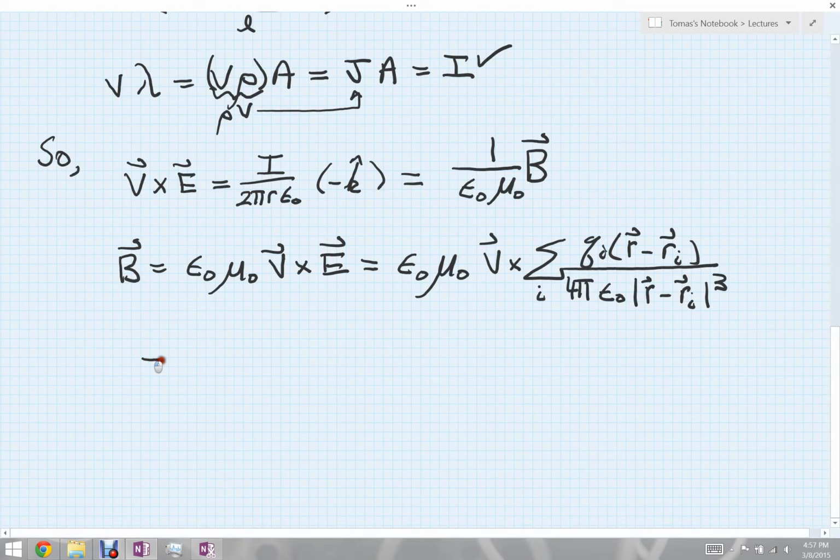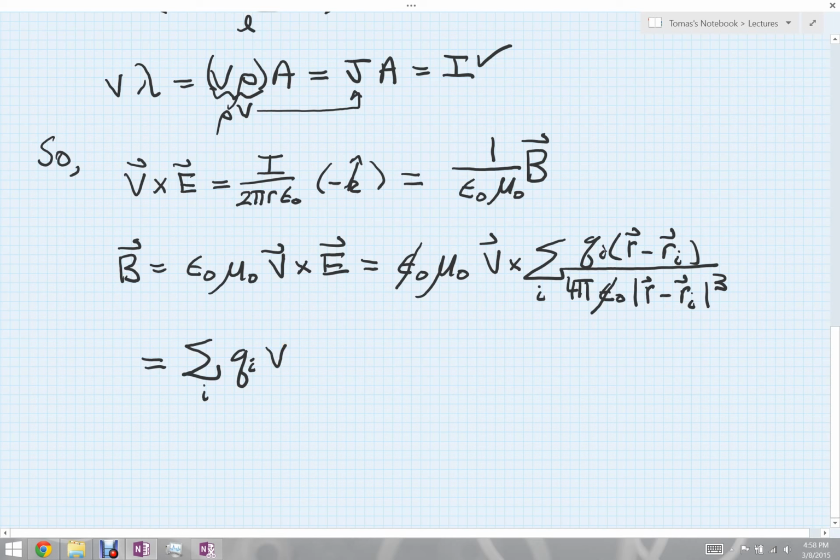So let's continue to get it into this general form. So this would equal, well, a few things I can see I can do immediately. The epsilon naughts cancel out, which is nice because then my formula for the magnetic field only involves this magnetic constant mu. Now remember, the general form I was expecting was going to be a sum over i of Qi, each charge, times its own velocity v.